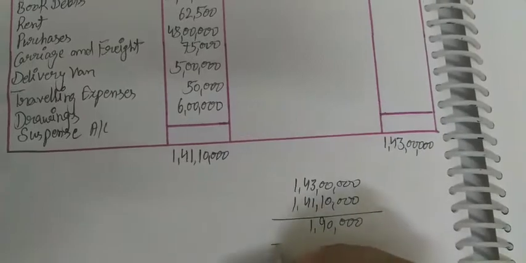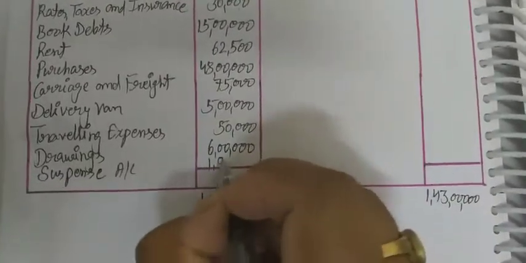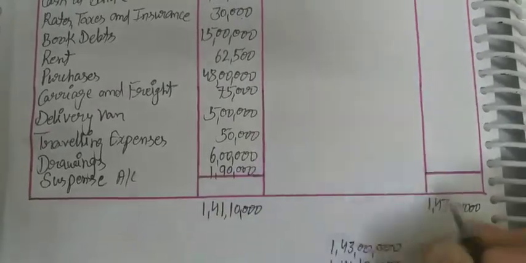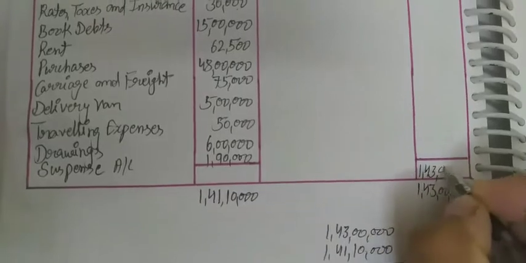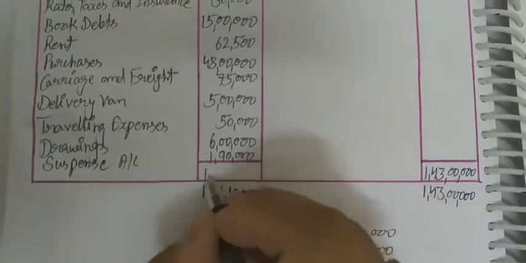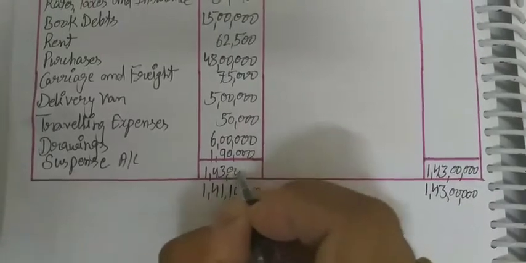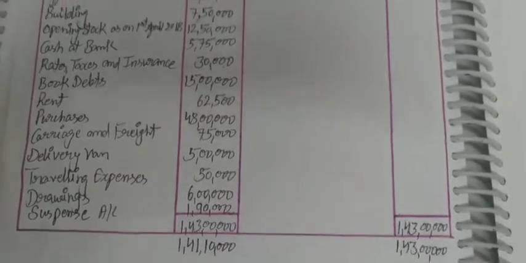Okay, so this balance we will show in the suspense account. So 1 lakh 90,000. Now if we total both sides, the total will be 1 crore 43 lakh, the same balance in the trial balance.